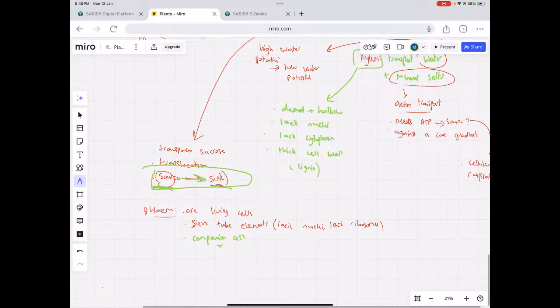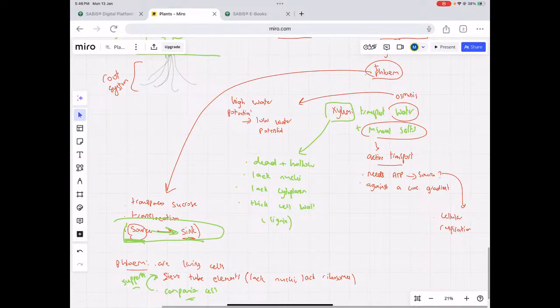This companion cell has a nucleus and ribosomes, and it's able to perform vital processes which will help support the sieve tube elements. As you can see, I wrote for you: companion cell supports the sieve tube elements. Is that clear? That's just the big picture about the transport, and we'll look at it even more when we look at the book. But before we move on, is it understood now?